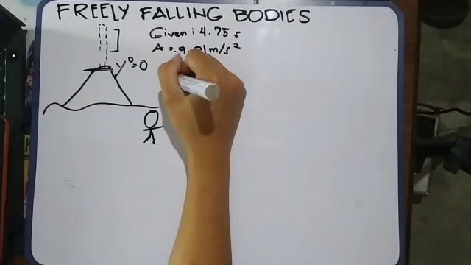So, eto, since starting point, magiging 0 na siya. Then, 0 na dito since bumalik lang yung final position. Bumalik lang yung lava bomb sa may initial position. So, magiging 0 lang din. So, ang magiging formula natin is 0 is equals to v sub o times time plus 1/2 times gravity times time squared. So, ang hinahanap natin is etong initial velocity.